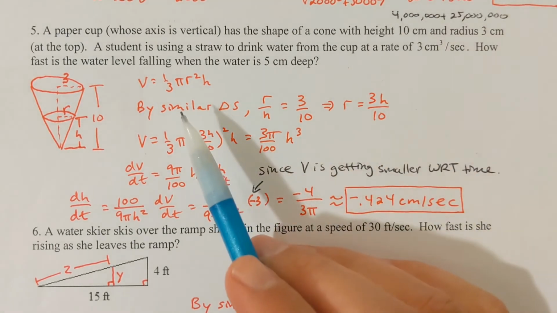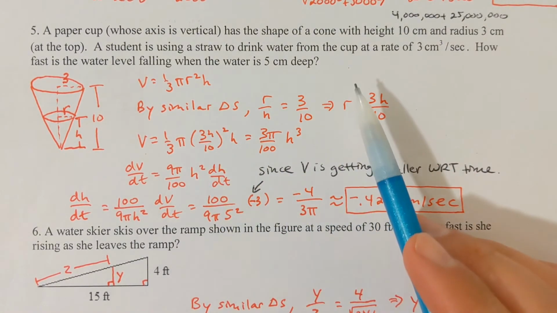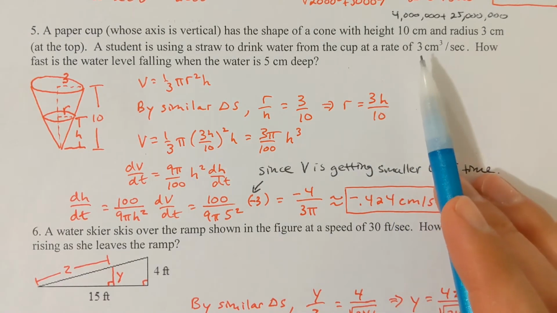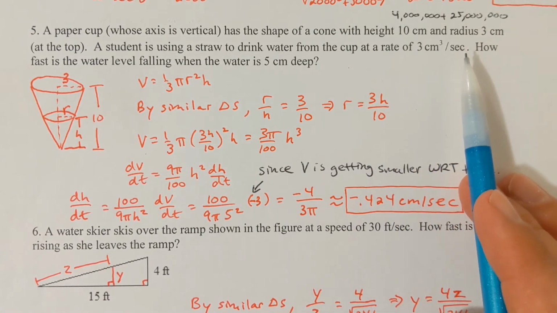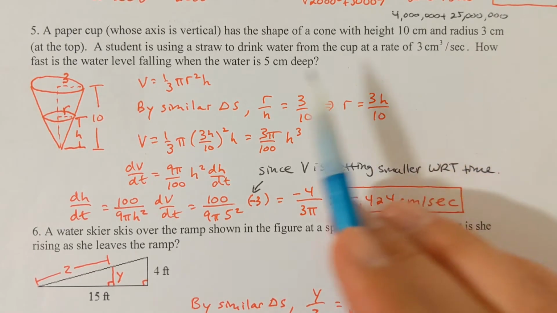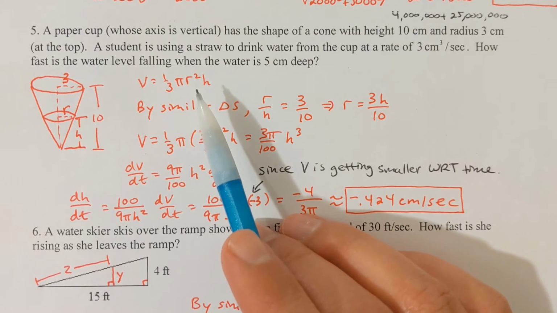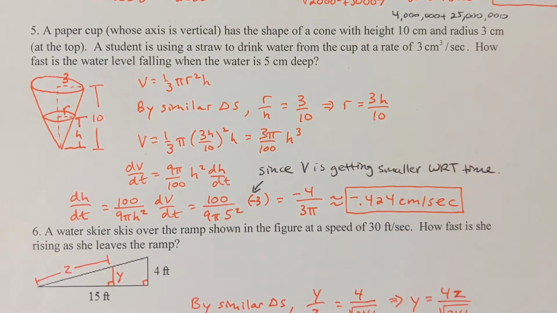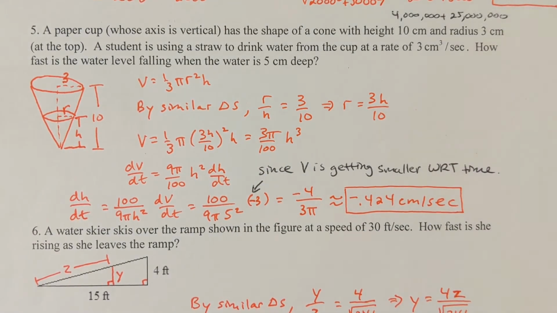Now because we're working with a cone, and the 3 cubic centimeters per second would be how the volume of the water is changing, that suggests that I'd want to be working with just the general formula for volume of a cone. The volume of any cone is V equals 1/3 pi r squared times h. Now, here's the thing. I wouldn't want to differentiate quite yet because I'm supposed to find dh dt.